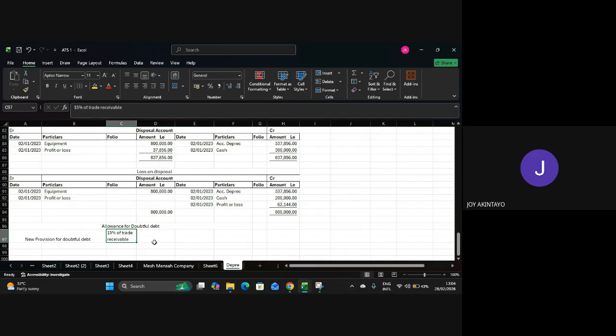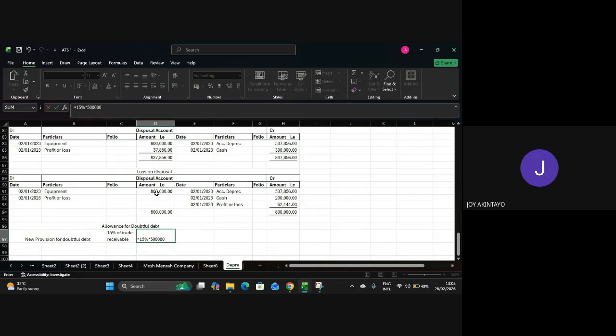That's equal to 15% times 500,000. So what do you have? Calculate it from your side.